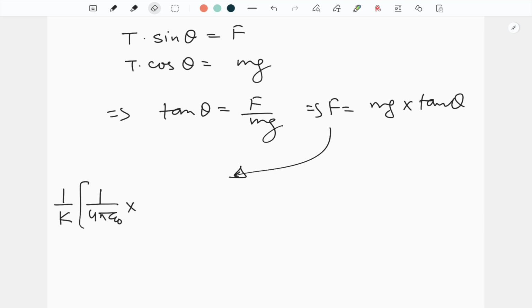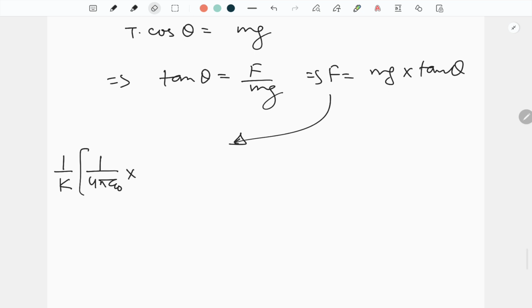Put the value here. q square upon r square is equal to mg, which can be calculated as: mg here will be of the sphere, so it will be volume multiplied by rho that will give us mass, into tan theta.